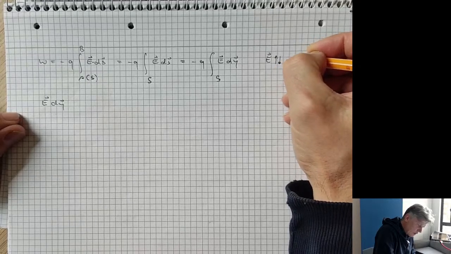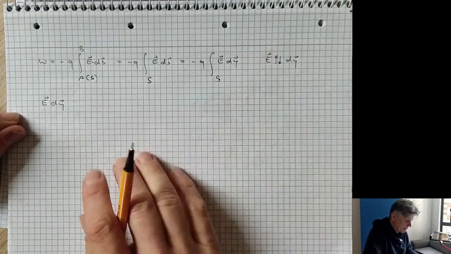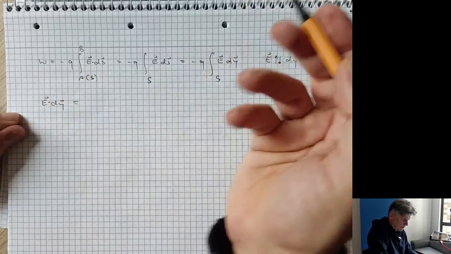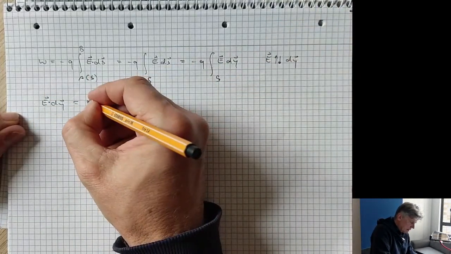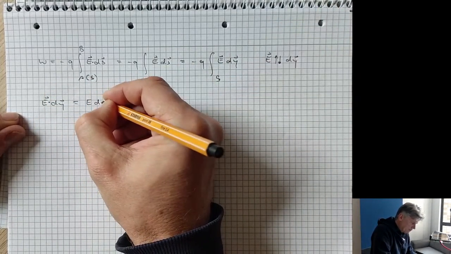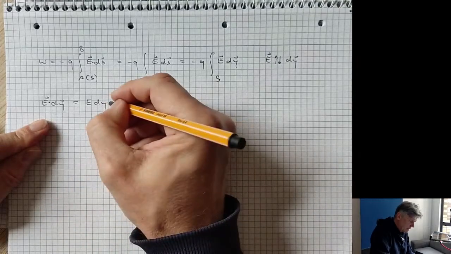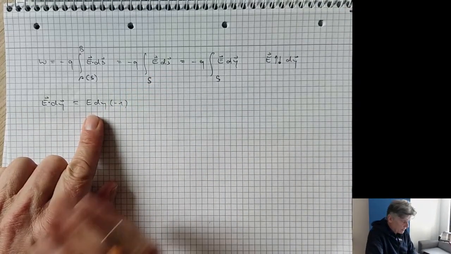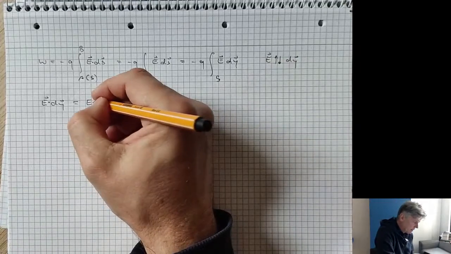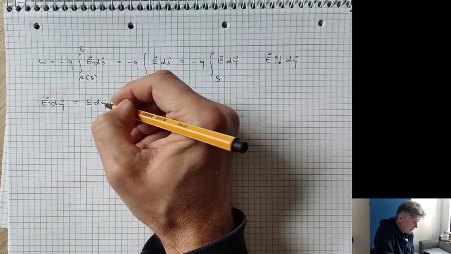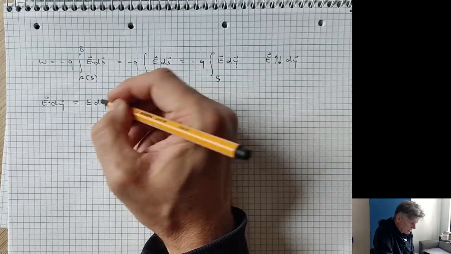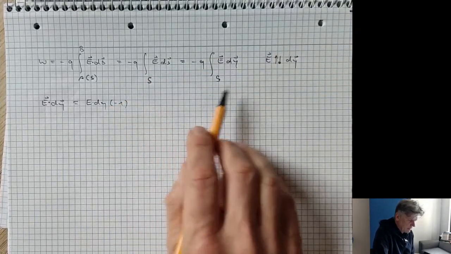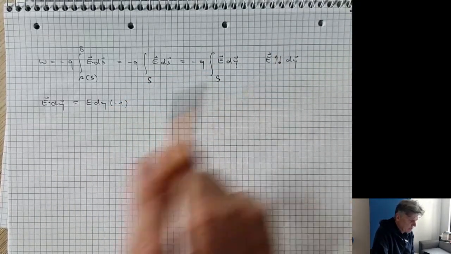When they are antiparallel, as we have already shown, the scalar product simplifies. The result is the field strength times the displacement in y direction times -1, because of the antiparallel orientation of both fields.